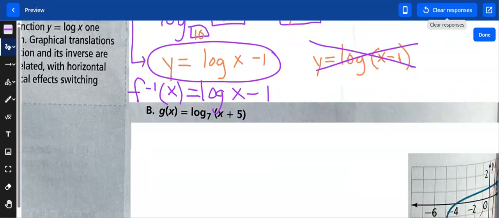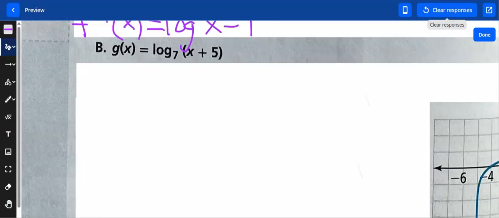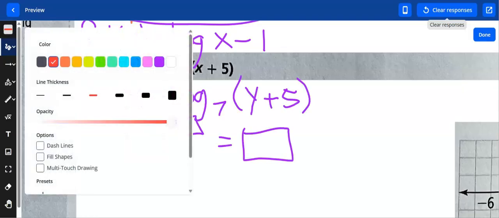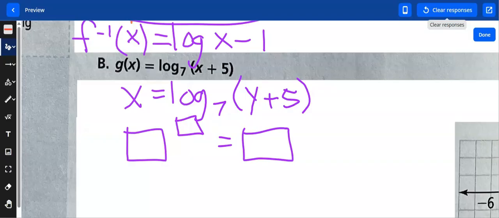Okay, your turn. Start by switching x and y, and then solve for y. Go. After we switched x and y, we know we need to change it to its other form. What's the base? 7.